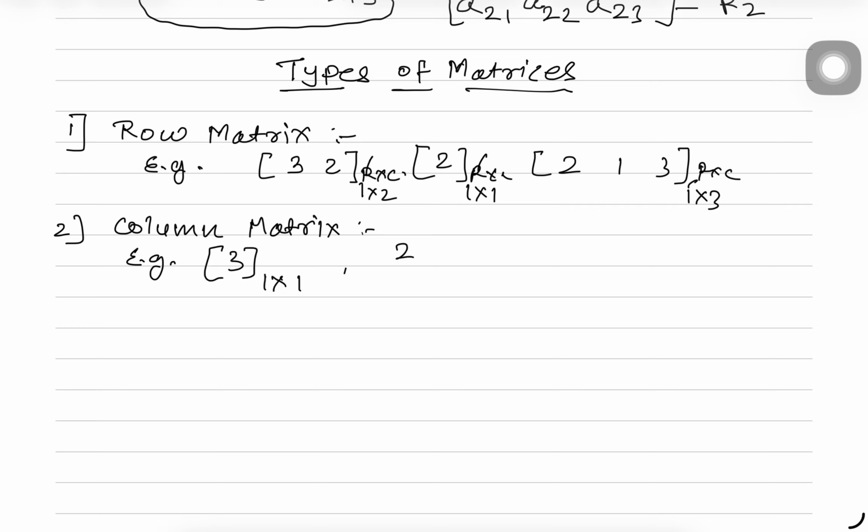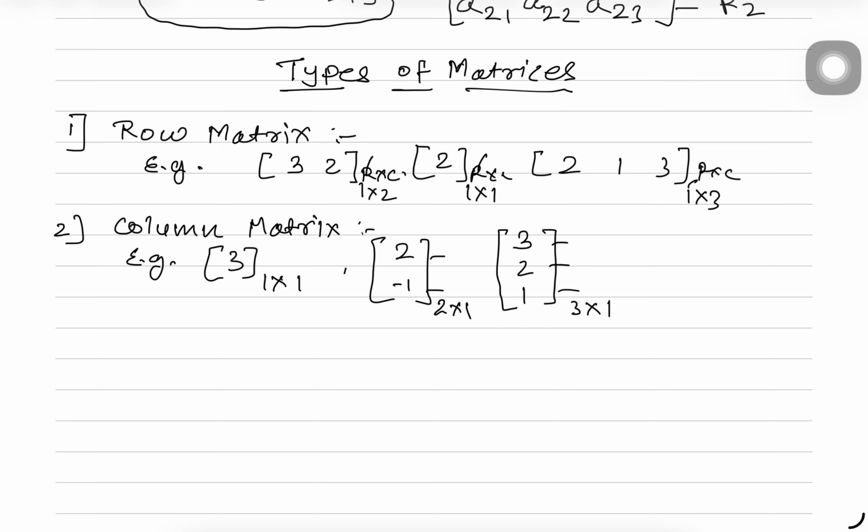Next, 2, minus 1, and 3, 2, 1. So this is 2 cross 1, 3 cross 1. You can check. There are 2 rows and 1 column, 3 rows and 1 column, and 1 cross 1.